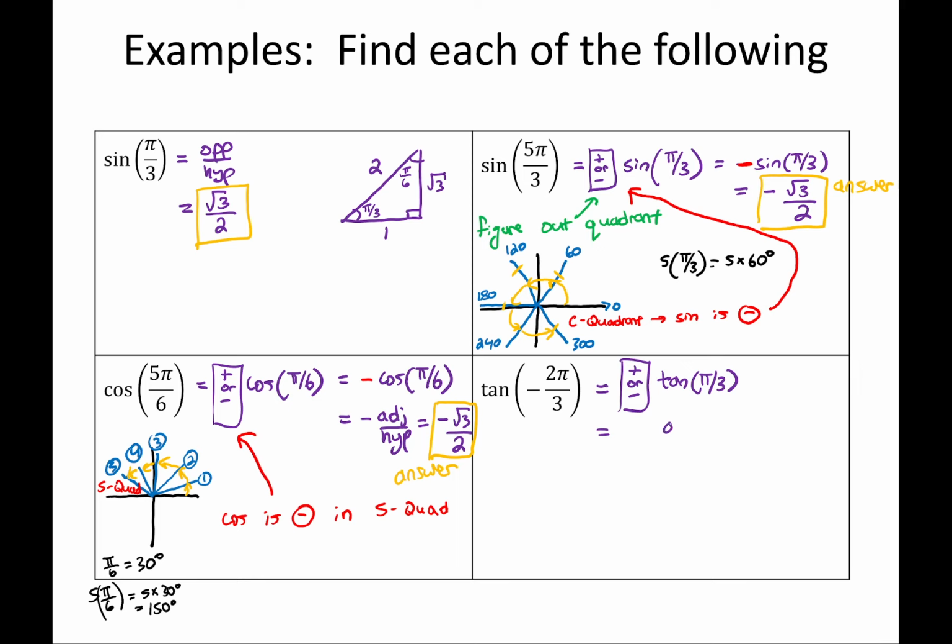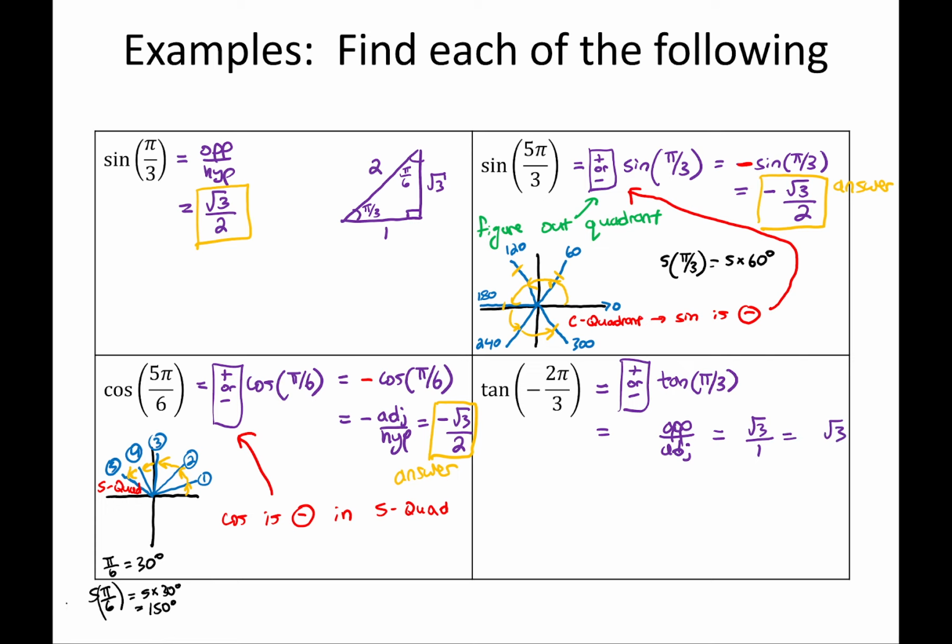Plus or minus opposite over adjacent. The opposite is root 3. Adjacent is 1. So it'll be plus or minus root 3. I'm leaving spaces there to figure out what to put there, plus sign or minus sign.